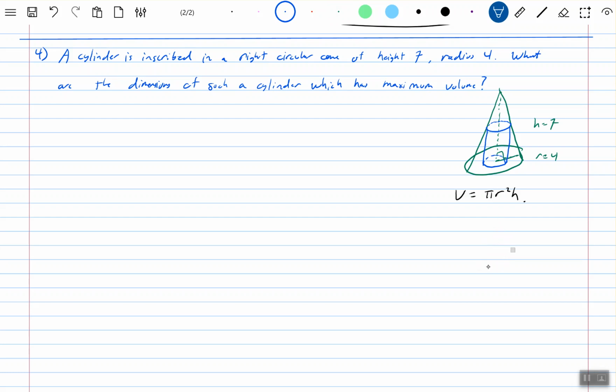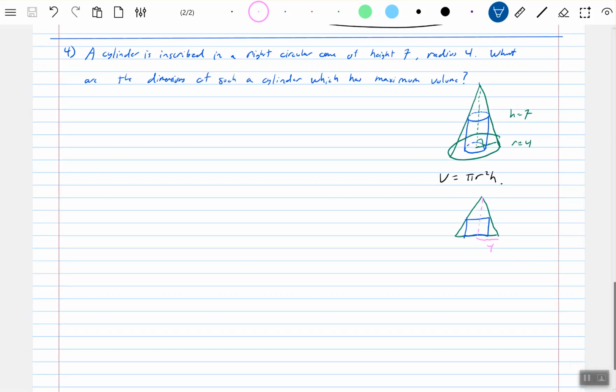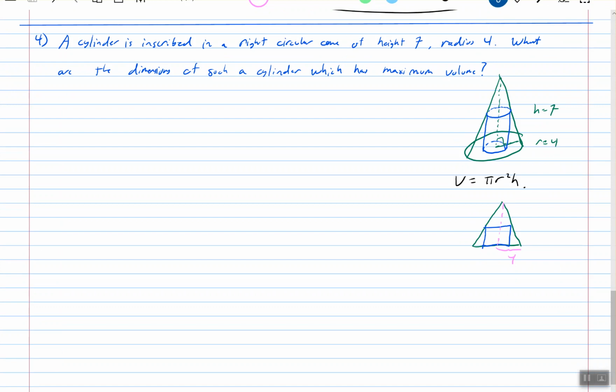Sorry, I'm going to make that a little bit cleaner. So we have our right triangle, then we have our cylinder, and then this has height 7 and then radius 4. So we need to use this information to try and figure out the size that we need.